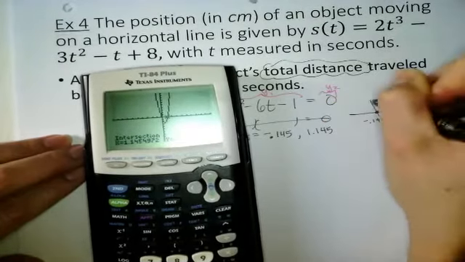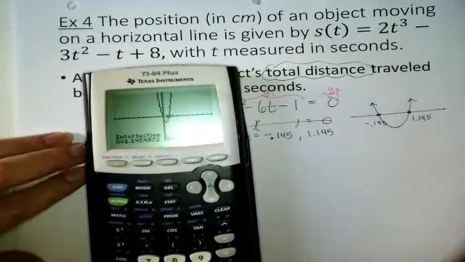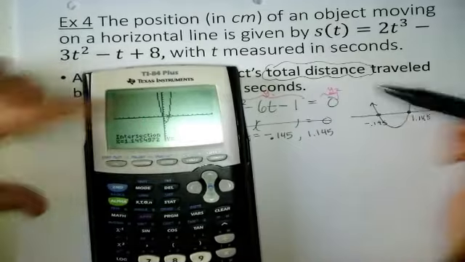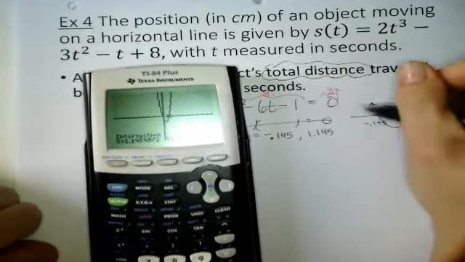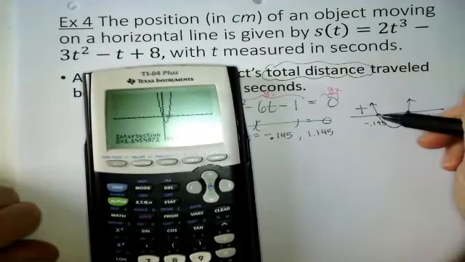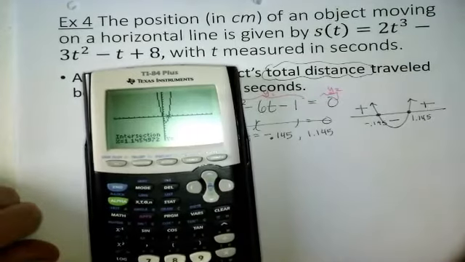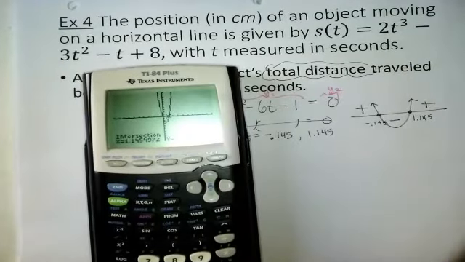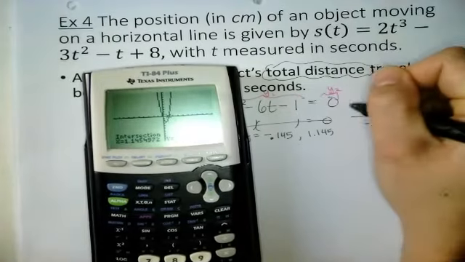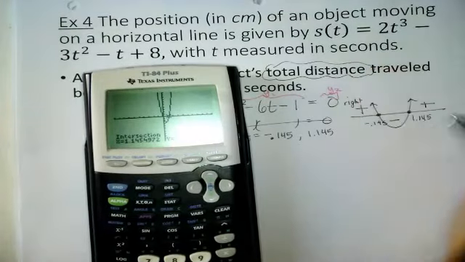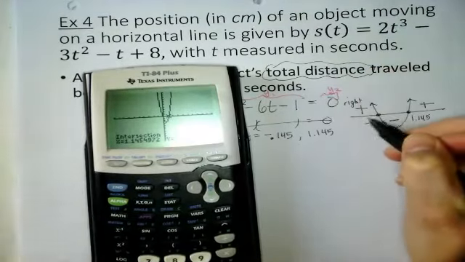And the reason I like to draw the shape of this graph is you can see that our graph is positive to the left of negative 0.145, negative below the axis, and then positive to the right of 1.145. And that's important because that tells us that our particle was moving right for values of t less than negative 0.145.